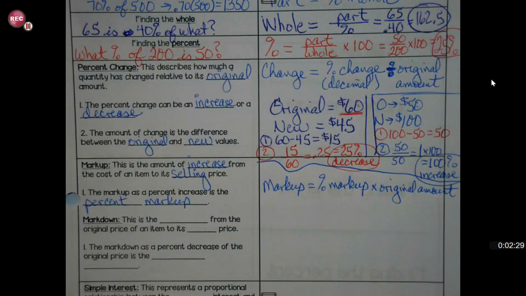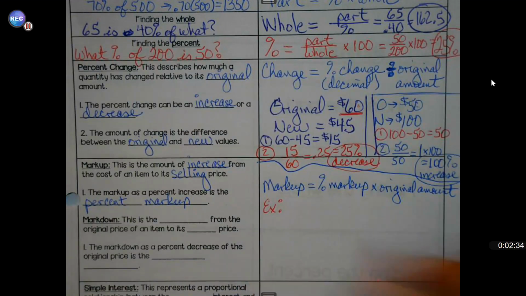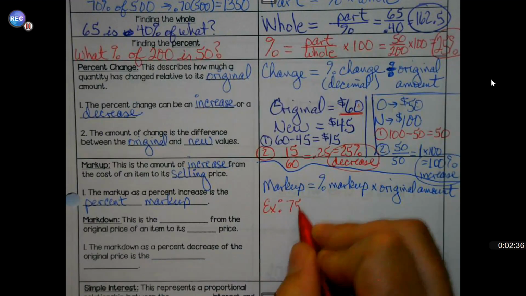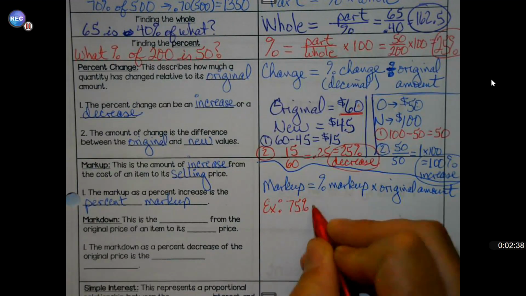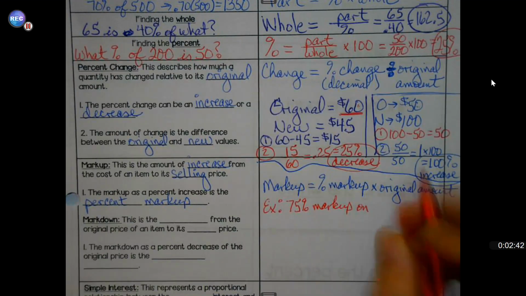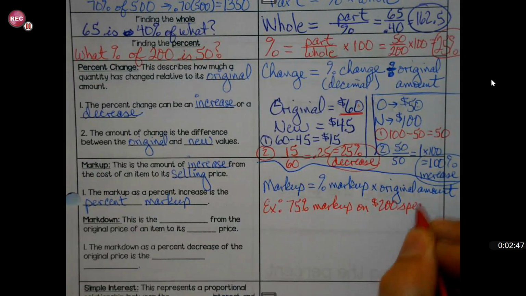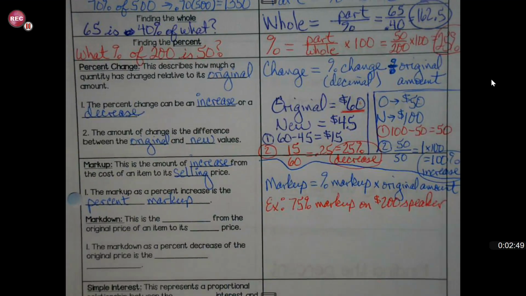So if I had, for instance, a 75% markup on a $200 speaker. Okay, because I got to make sure I make my money when I'm in business to be able to pay for my rent, to be able to pay my employees and insurance and all that other stuff.